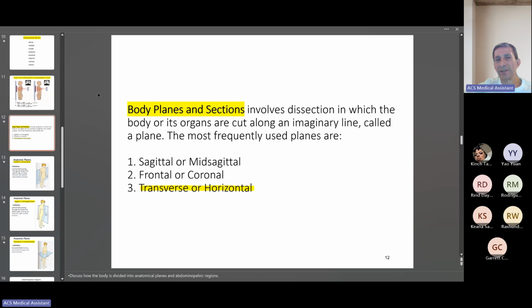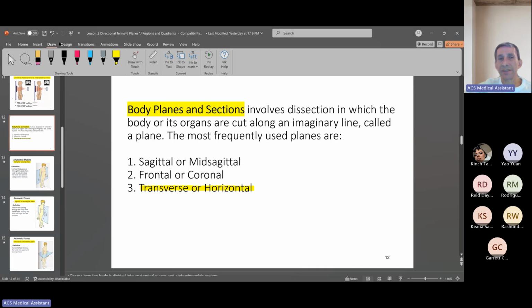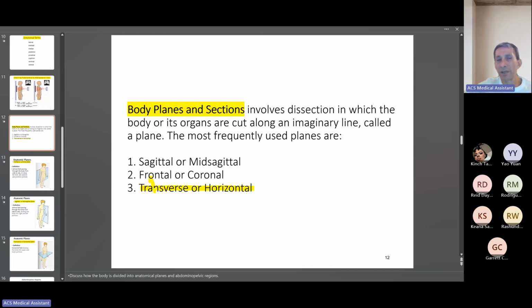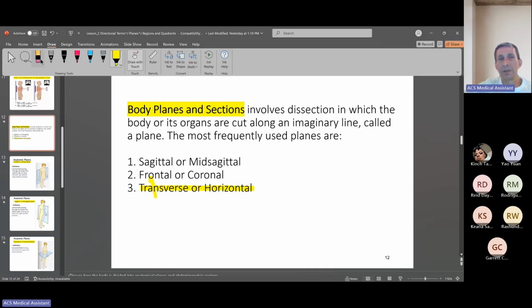Remember planes: sagittal or mid-sagittal, frontal or coronal. Remember, frontal or coronal means the same. Sagittal, the difference is one is in the middle, the other one is not dividing the body in the middle. The transverse and horizontal are the same. We can call it transverse or horizontal.